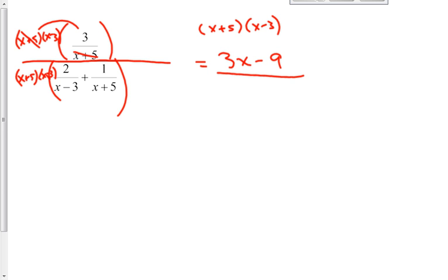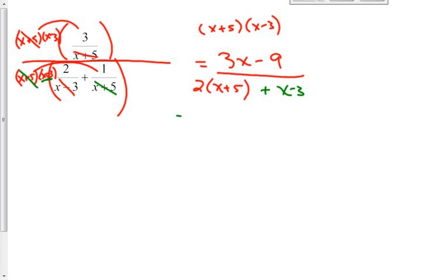So the x minus 3 would disappear, leaving me with just 2 times the x plus 5. And then in the second one, x plus 5, x minus 3 times 1, but this time we're going to divide out the x plus 5. I'll use a different color. When we divide out the x plus 5, that's going to leave me with just the x minus 3 times 1 as the distribution. So it's just the plus x minus 3.